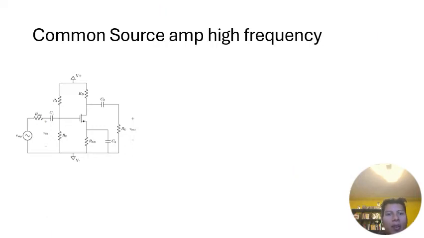All right, so for high frequencies, since omega just gets bigger, 1 over j omega C1, 1 over j omega C2, and 1 over j omega C3 will be even smaller and smaller.